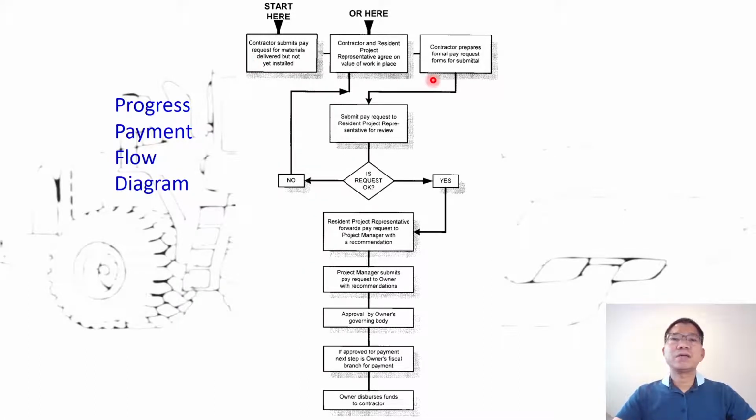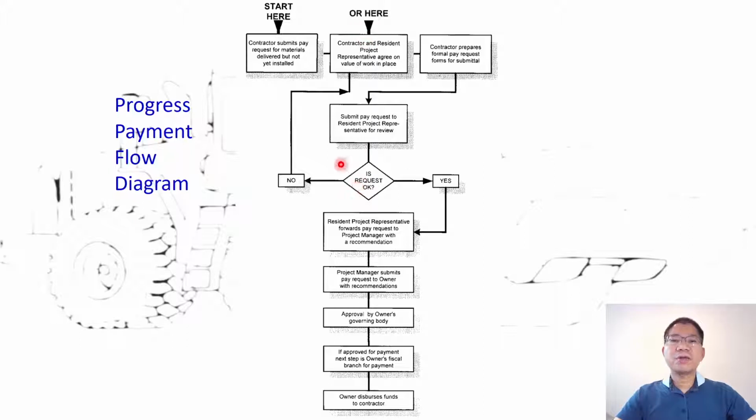And the contractor and resident engineer, project representative, agree on the value of work in place, and the contractor prepares the formal payment request, and then they submit the request for payment after the representative of the project agrees.